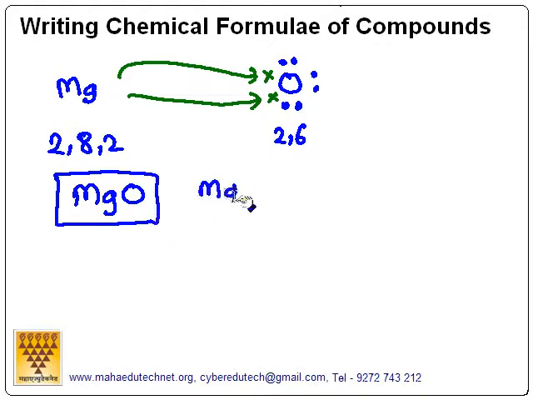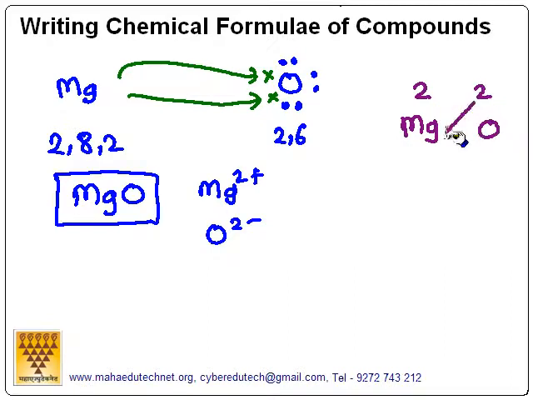in which magnesium carries 2 plus charge and oxygen carries 2 minus charge. Now this formula can also be written using their valencies. We know that magnesium has valency 2 and oxygen also has valency 2. But here only crossing will not do the job.